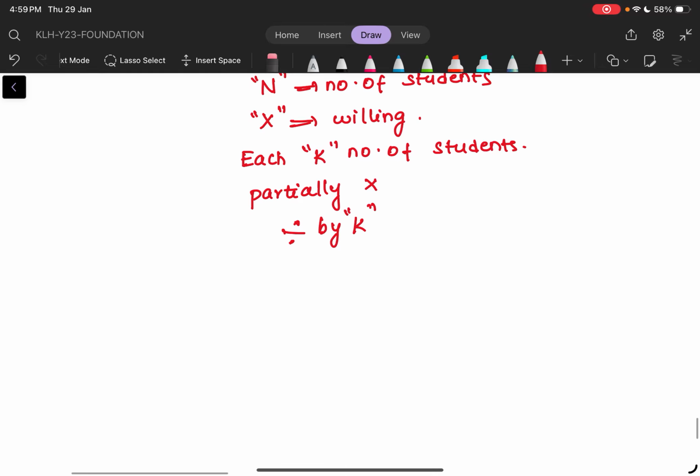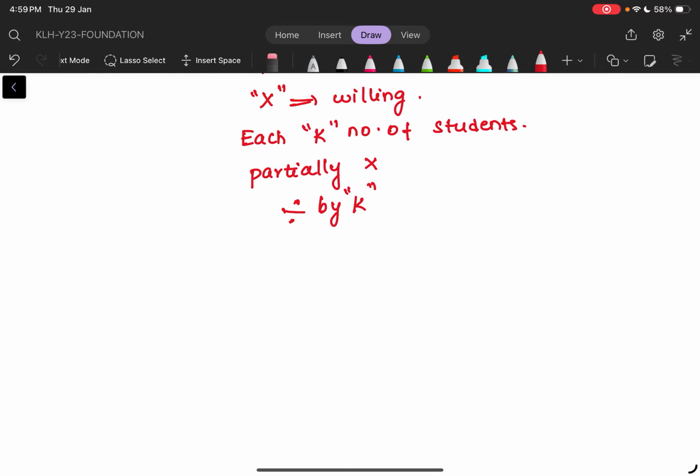To achieve this, we have the option to convince some students to change their mind. Either we can convince them not to go to the trip, or we can convince them to go to the trip.